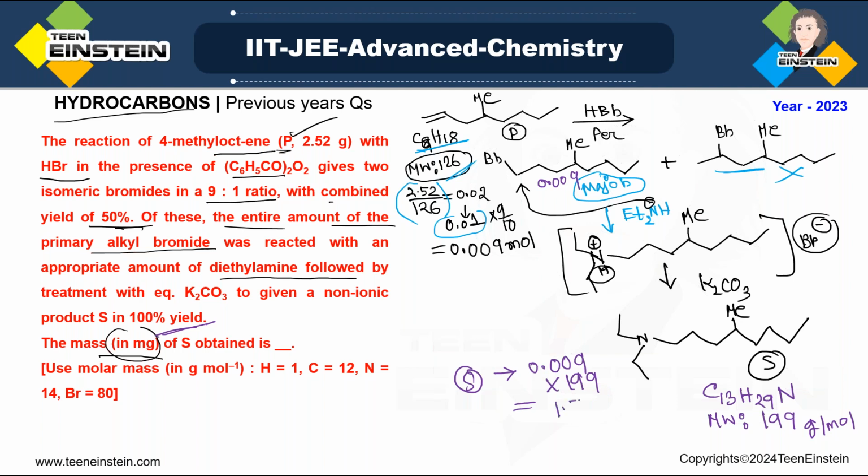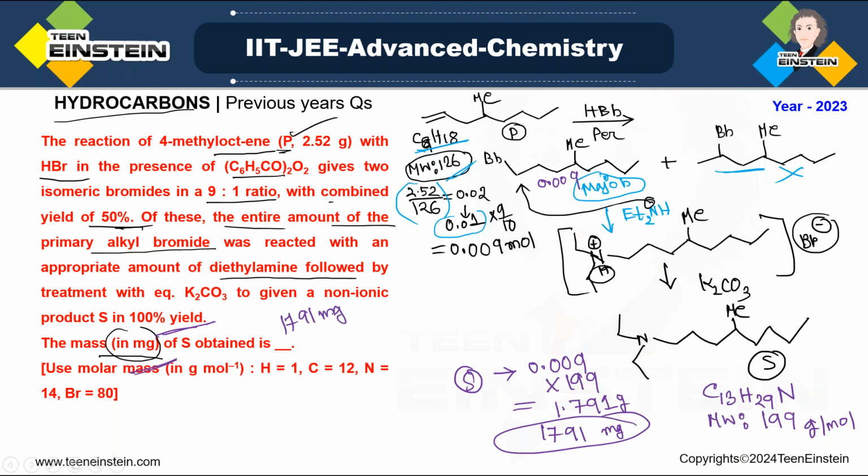The answer that you will get will be in terms of gram. It is not in terms of milligram. Be very careful. It is asking in terms of milligram. So you have to finally multiply it with 1000. So our answer should be 1791 milligram. This is the final answer. Okay, 1791 milligram.